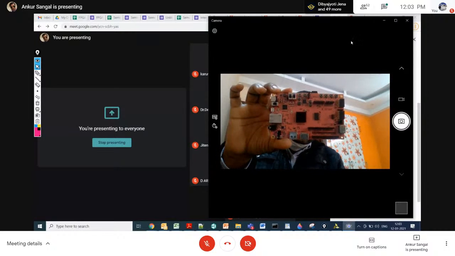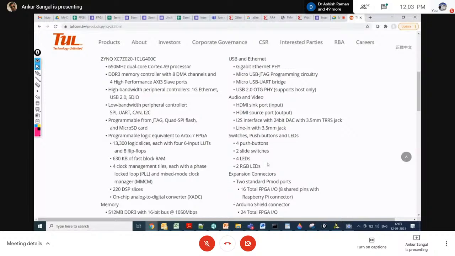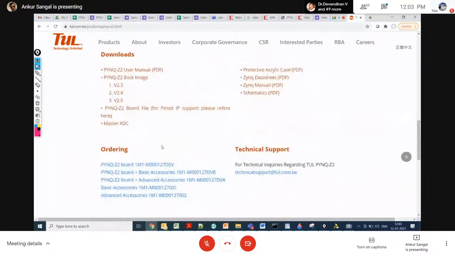Now what we need to do is specify the GPIO pin numbers in our design. How will you get this information? You just need to mention it in the Google PYNQ-Z2 master XDC file. This is available here.